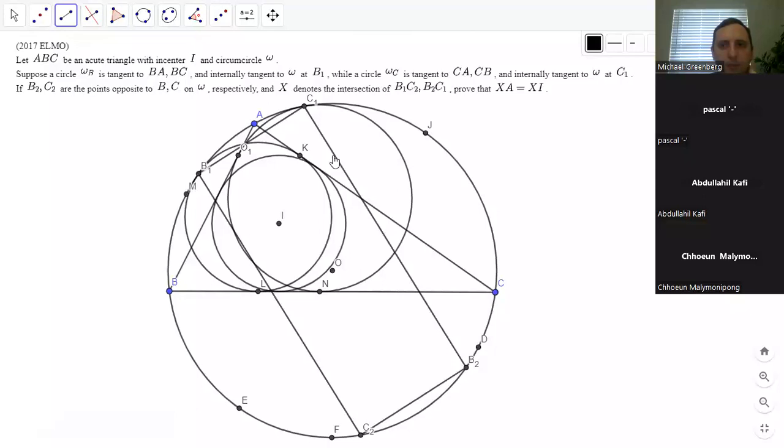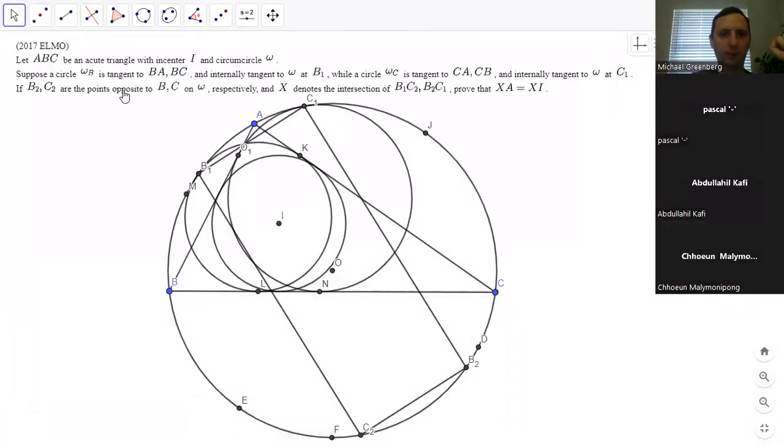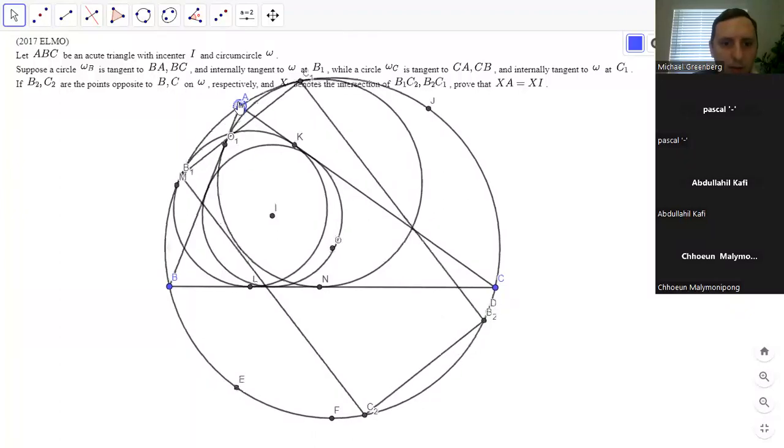And we want the intersection of B1, C2 and B2, C1. Maybe it's not a rectangle. So the points opposite of B and C on omega. So maybe they just mean the center of the circle. Wait, B1, C2. That doesn't make sense to me.